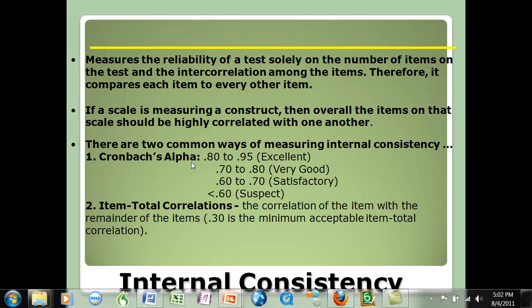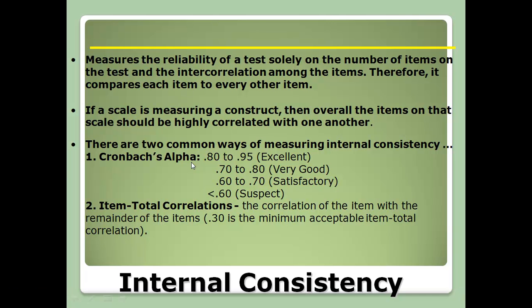Now, in item-to-total correlation, you're going to look at that item and then the total correlation. Cronbach is going to give you item to item, but it's going to give you a whole number, okay? It's going to average all of your item-to-items together, and that's the number that you're going to use. But then you have the item to the total correlation, and 0.30 is the minimum acceptable item.